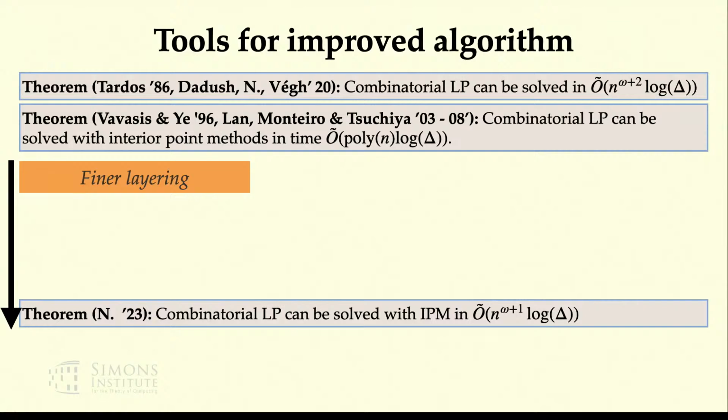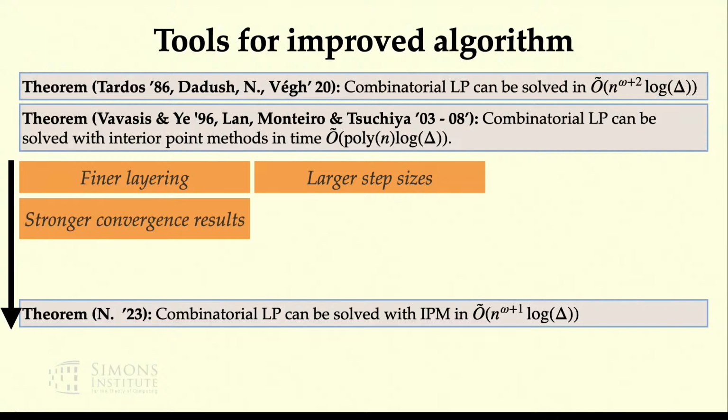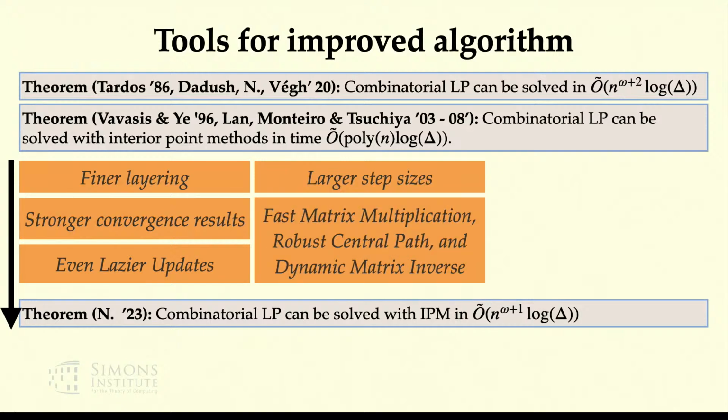The tools you need, compared to Vavasis and Ye, are larger step sizes, better layering, stronger convergence results, and then the classical tools, that is even lazier updates and dynamic matrix inverse. This is almost plugged in from CLS 2019. These things all combined and carefully mixed give you the overall running time.